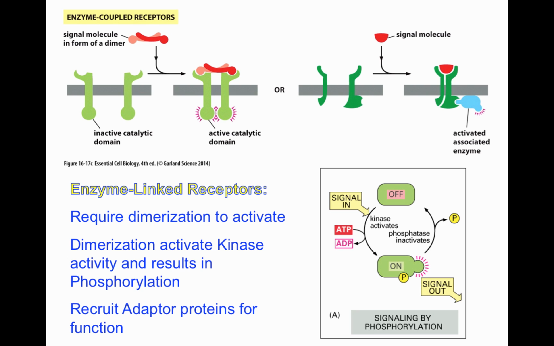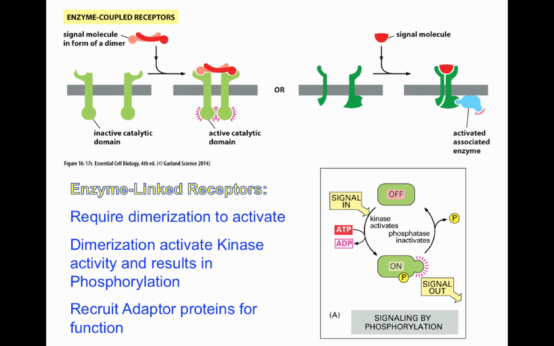But these dimers, on their own, are inactive. Oftentimes, these dimers are separated but enclosed together in the membrane. So when the signal molecule comes together and links those dimers, the dimers now become active, and when they become active, they have a catalytic domain that is able to induce phosphorylation.